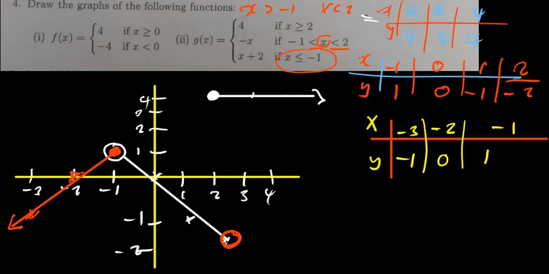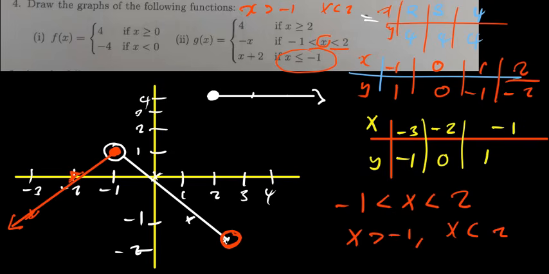The difference between the first one and this one is that if I go back and check this, this is telling me -1 is less than x less than 2. It's telling me that x is greater than what? -1, but x should be less than what? 2. So I know where to end.